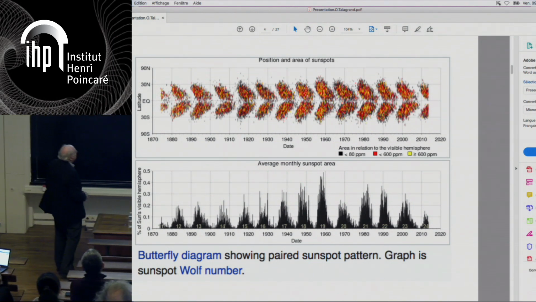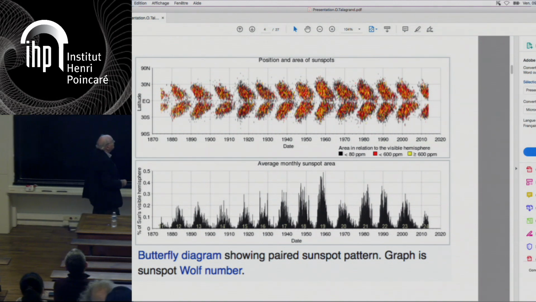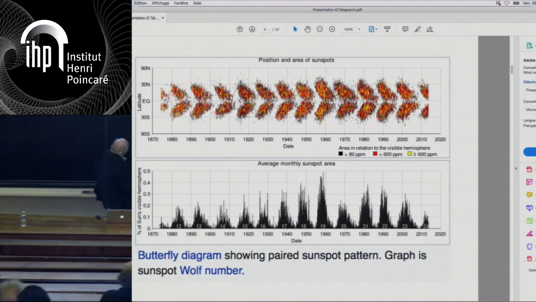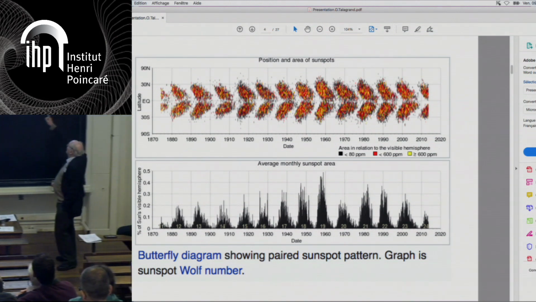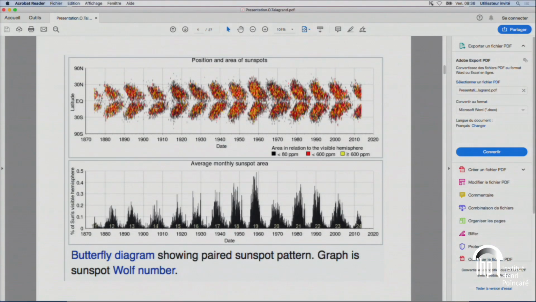This is not up to date, because right now we are at the end of cycle 24. The cycles are numbered, cycle 1 being in the middle of the 18th century. We are at the end of cycle 24 and waiting for the start of cycle 25.